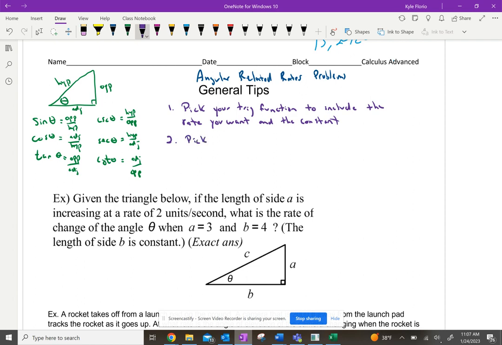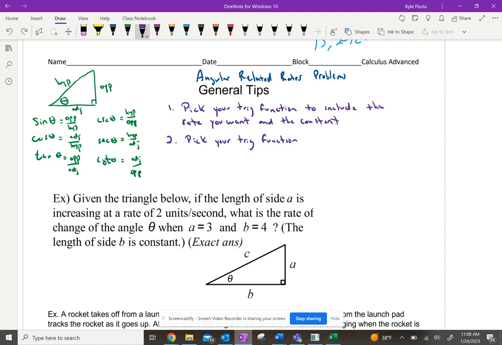And when you pick your trig function, you'll have two options. If I want something that relates hypotenuse and adjacent, I could either use cosine or cosecant, because both of them relate hypotenuse to adjacent. So you're going to have two options once you pick a trig function that relates to the two sides that you want.